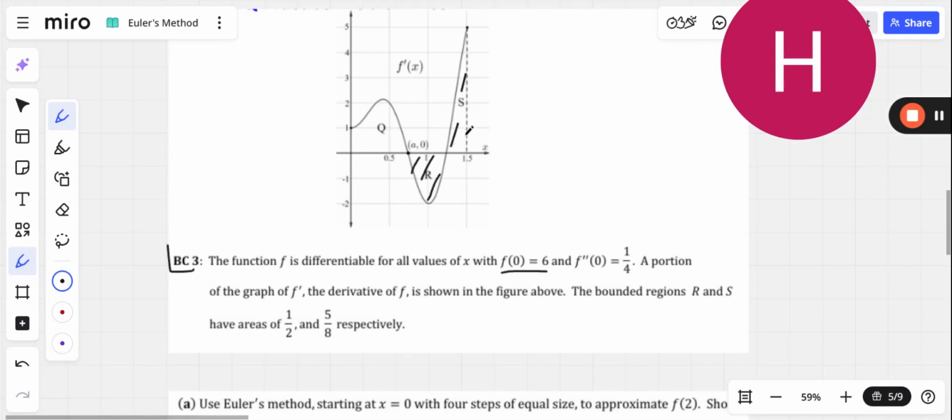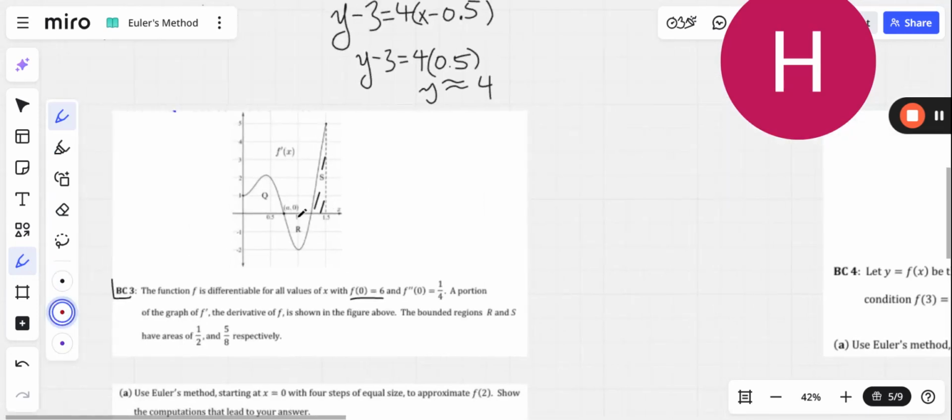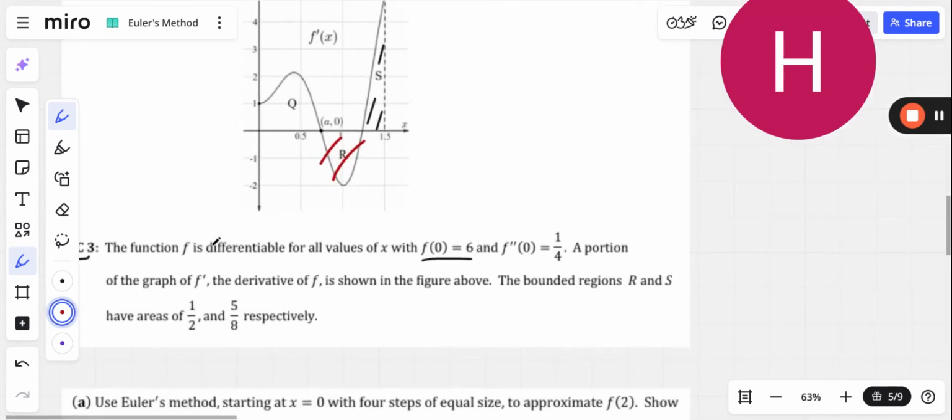So 1/2 is obviously contributing negative value since it's below the x-axis. And I might even draw these lines in red. So that's contributing negative value just to indicate that.